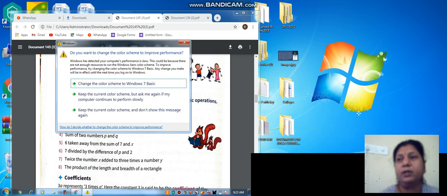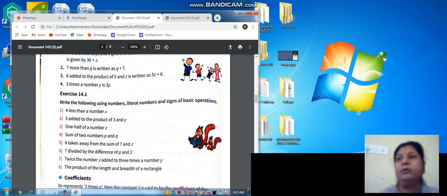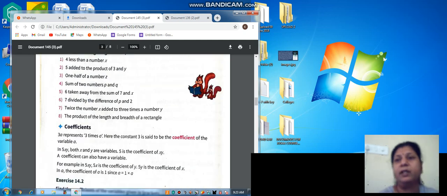Then we have to take away the 6. So we have to put this in brackets, 7 plus x minus 6. We can see the sixth one, 7 divided by the difference of p and 2. So how can we represent this? Difference means subtraction, right? So p minus 2, and it is divided into 7. Get it, everyone?